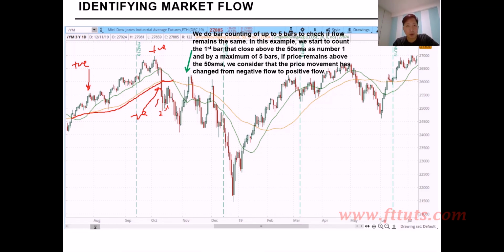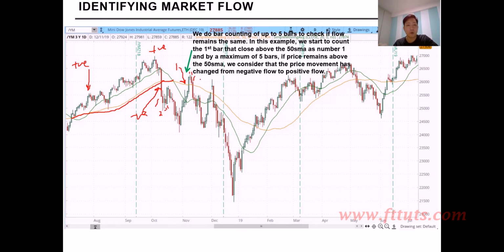There's another time when the price action attempts to change the flow again over here. Can you see my cursor here? There's this green bar that goes above the 50 SMA. We call this the number 1 bar, the first bar. By number 2, number 3, number 4, by the number 4 bar, it closed back down below the 50 SMA.